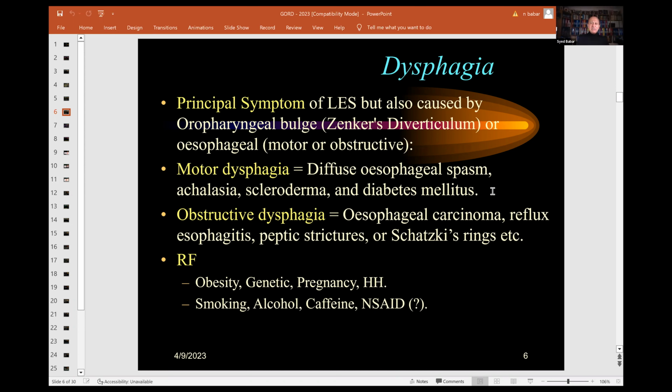So what are the risk factors producing the symptoms of dysphagia and therefore also contributing to GORD?